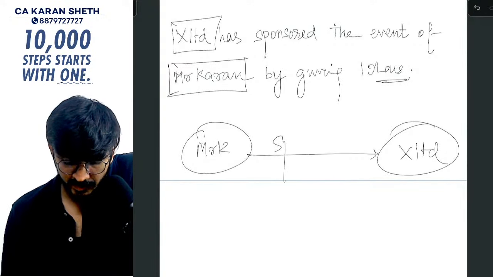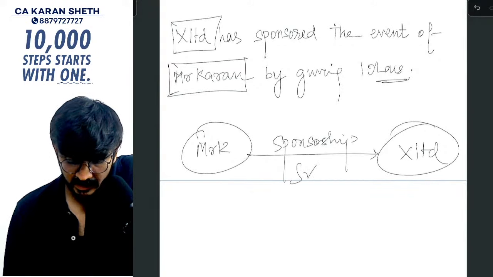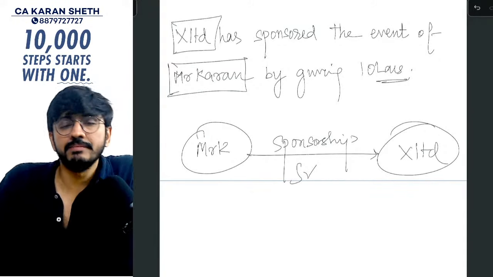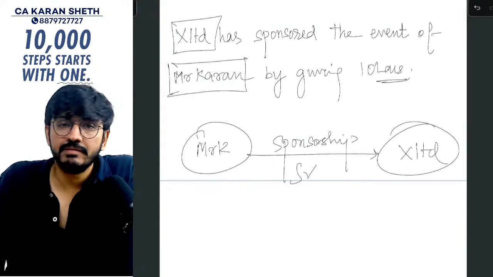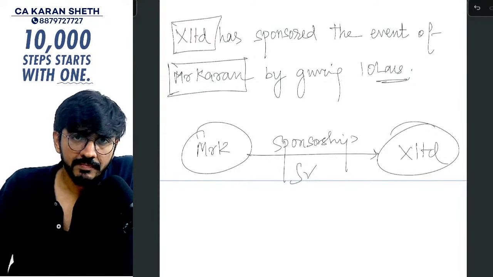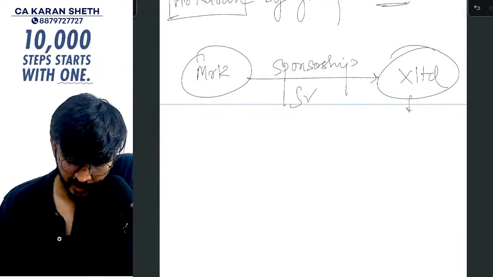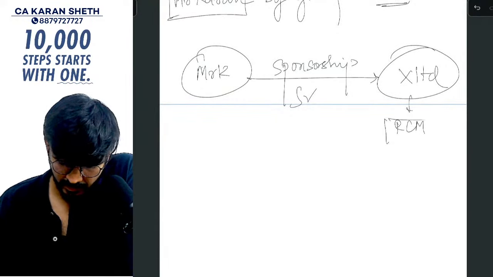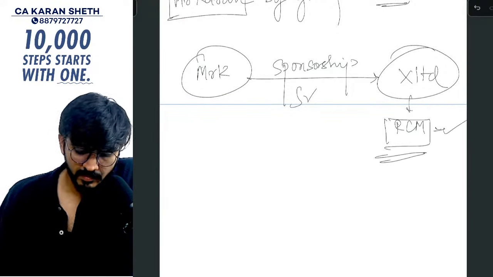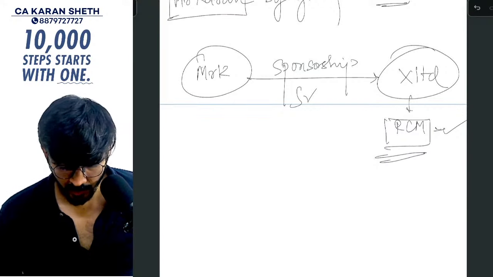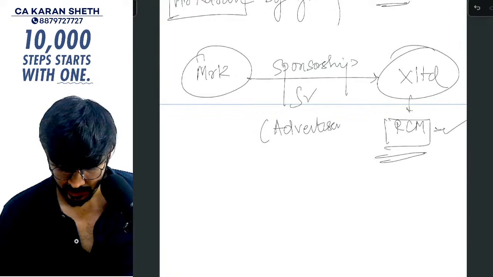So it will be said that sponsorship service is given by Karan to X Limited, and X Limited will pay taxes as per RCM. So actually, they are giving me advertisement service.